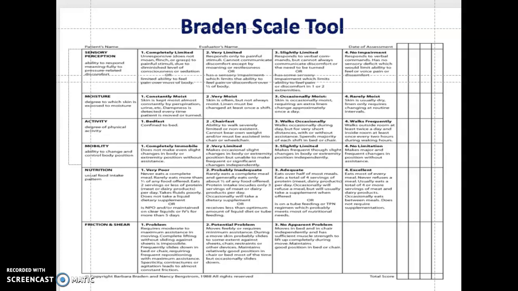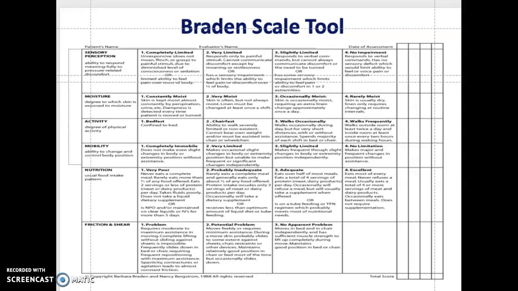So therefore, upon assessment, when the nurse uses the Braden scale to assess the patient's risk factors, and let's say the patient scores a 12 or a 10, at that time the nurse should initiate preventive measures, such as turning and positioning the patient, using barriers to prevent skin breakdown, keeping them dry and clean, using a specialty air mattress, and also evaluating their nutrition, their prealbumin levels, and so forth.